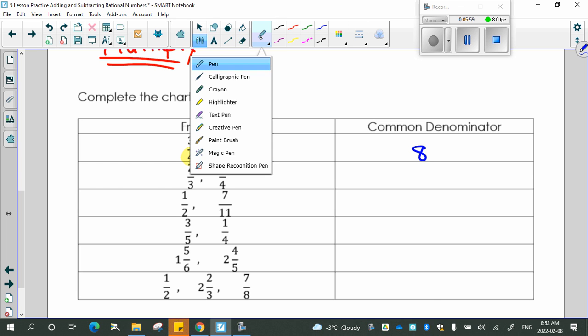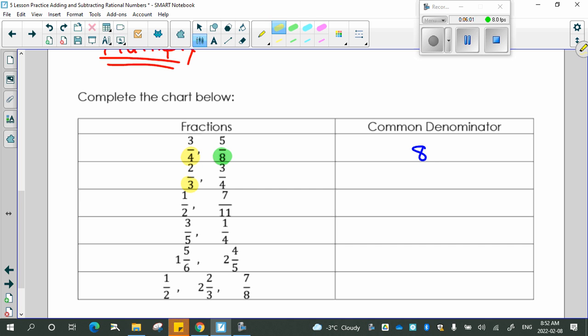3 and 4. Common denominator. Yeah. 12. Good. So 3 times 4, because 3 doesn't go into 4 evenly. 12 would be my common denominator. 2 and 11. 2 and 11 would be my common denominator. 22.